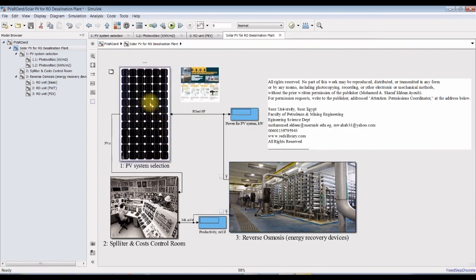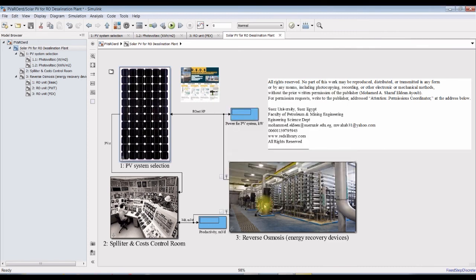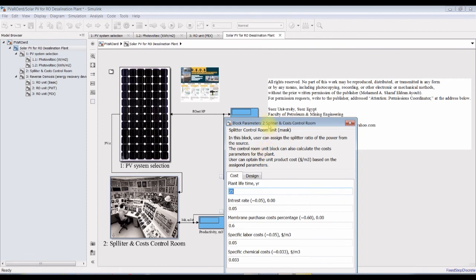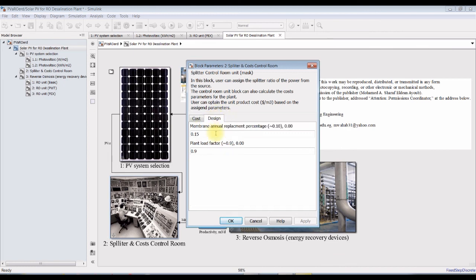For the photovoltaic system, we have to choose between watt per meter square module or kilowatt hour per meter square. Suppose we are going to deal with watt per meter square. For the control room, we have cost aspects, interest rates, membrane costs, specific chemical costs, treatment, and replacement cost.